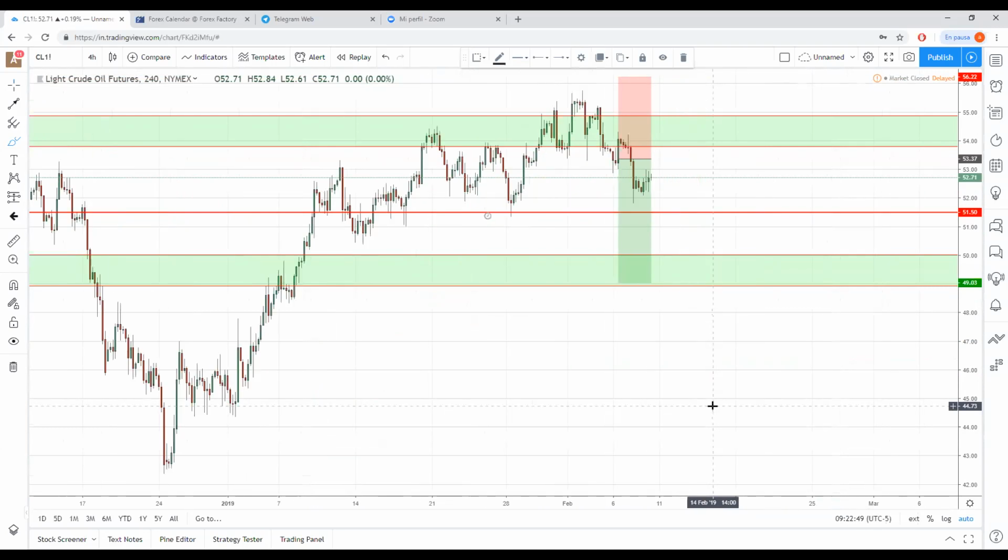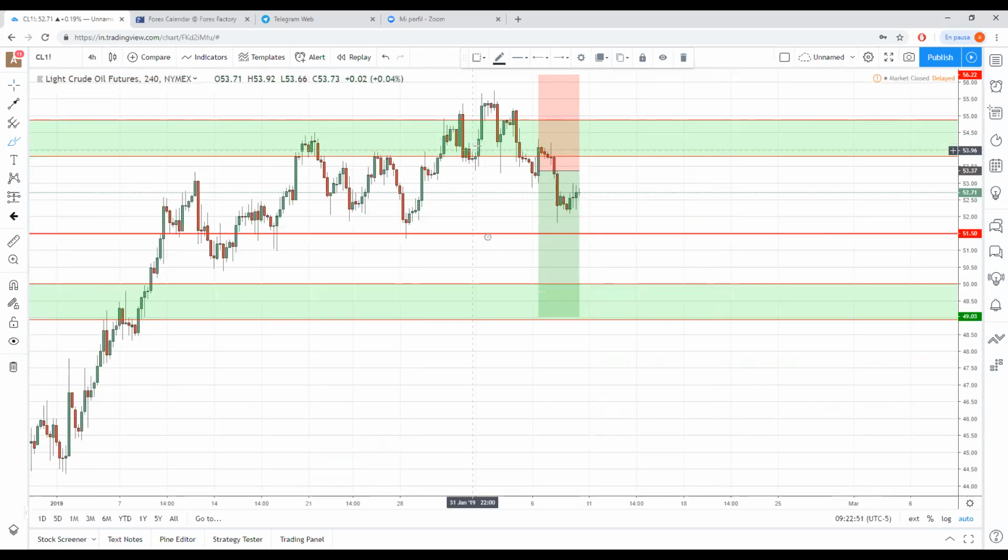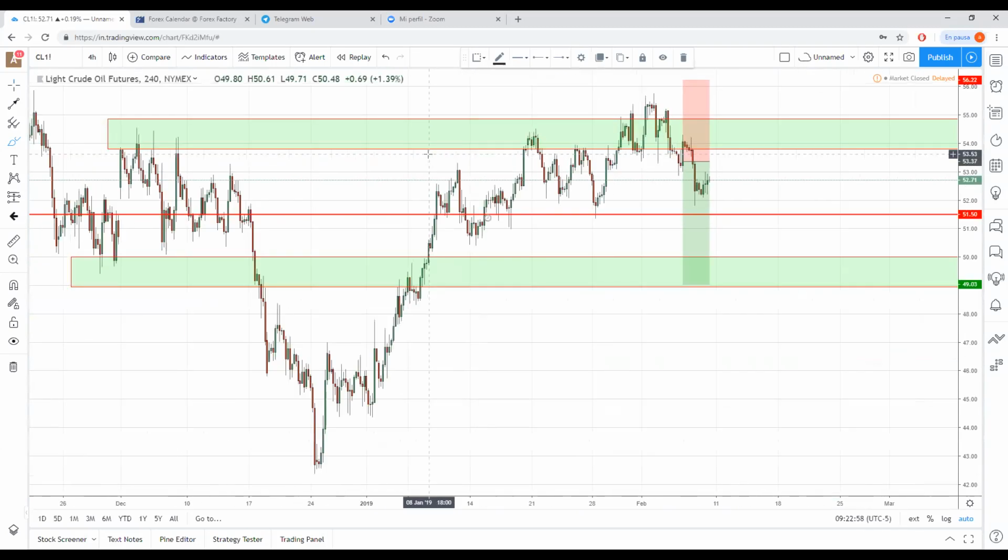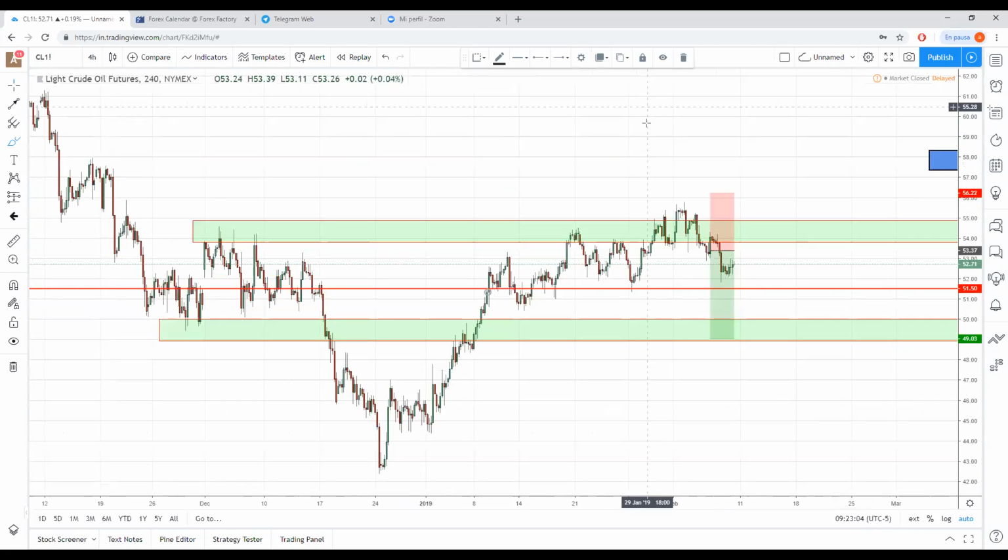When we started last week, prices went above our highlighted zone. But if you remember, last week I told you this still doesn't mean I'm looking for longs. I'm still just watching the market because this could be a false breakout, which it was.